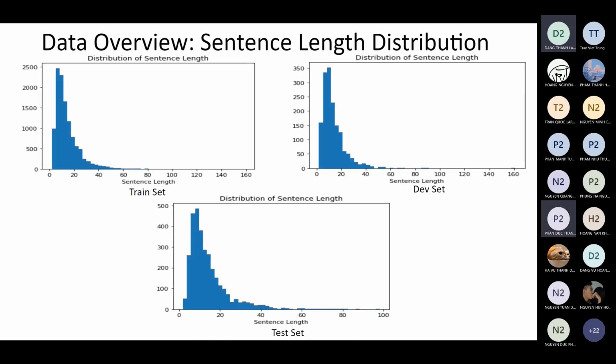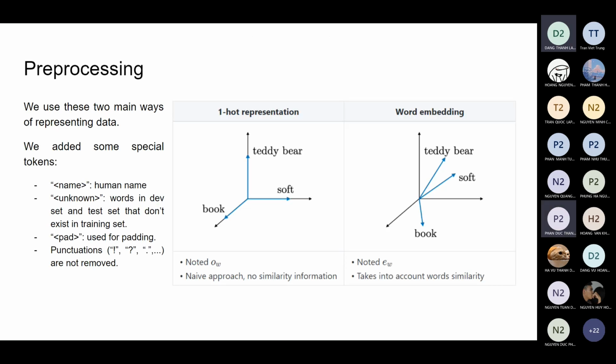Second is the sentence length distribution of the dataset. As you can see on the slide, most sentences have a length between 10 and 40 words, so this will influence our choice of sequence length for our RNN and LSTM models. Next, Cường will present the pre-processing of data and the RNN model.